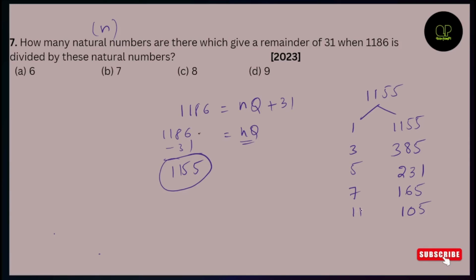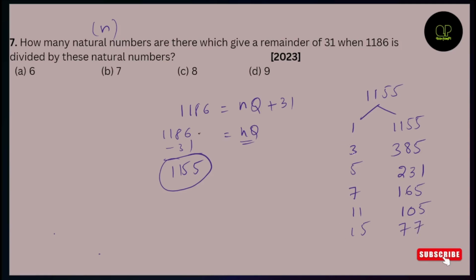So with 13 it doesn't go. With 14, it's going with 7, but it's not going with 2. So 14 also doesn't go. 15, it's going with 3 and with 5, so it also goes with 15. 15 into 77 is 1155.